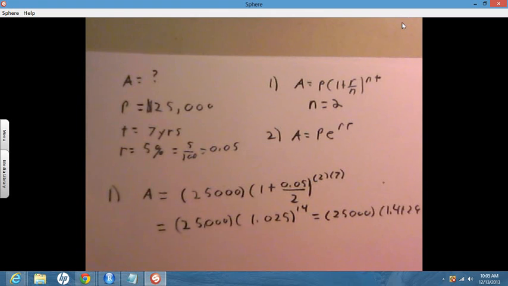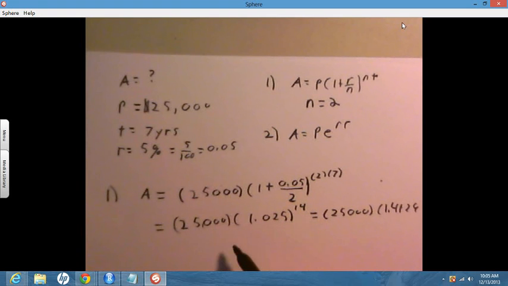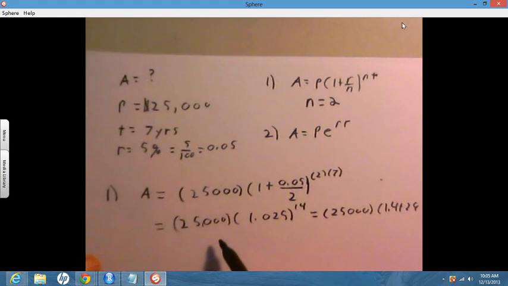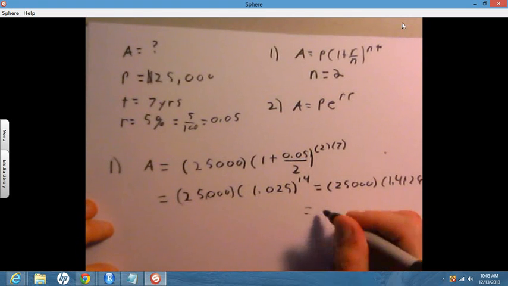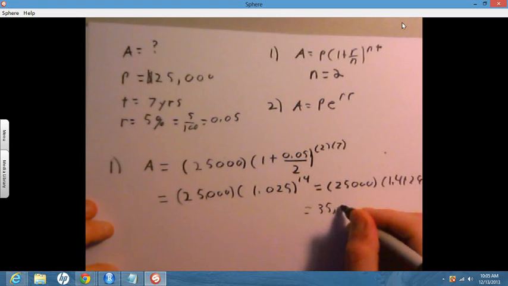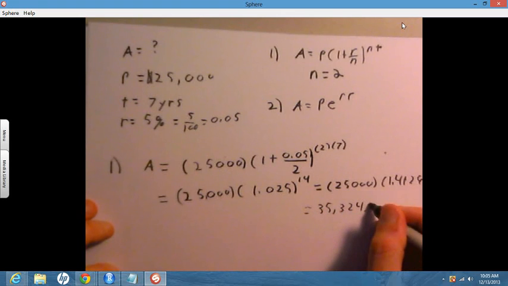Because we always have to consider exponents before we consider multiplication. So we have to do 1.025 raised to the 14 before we do any multiplication by 25,000. Alright, so if we multiply these two numbers together, we wind up with $35,324 and a quarter. Okay?